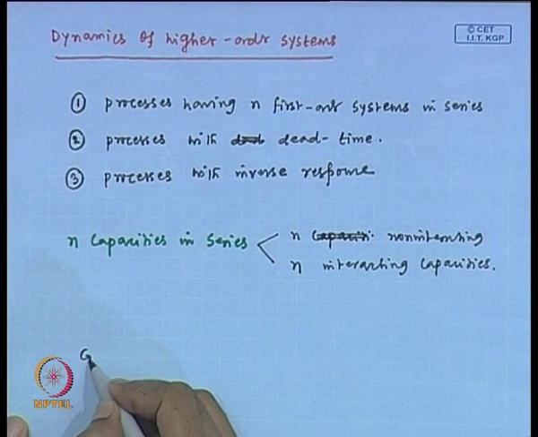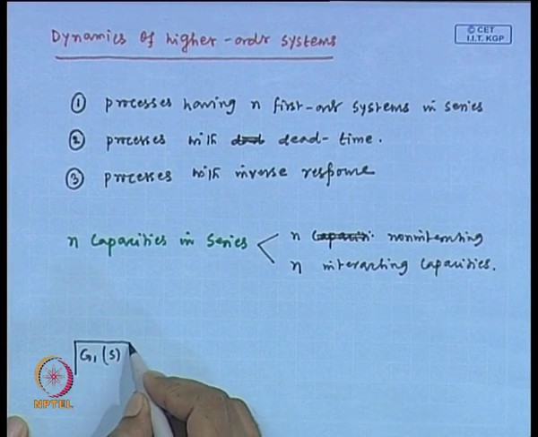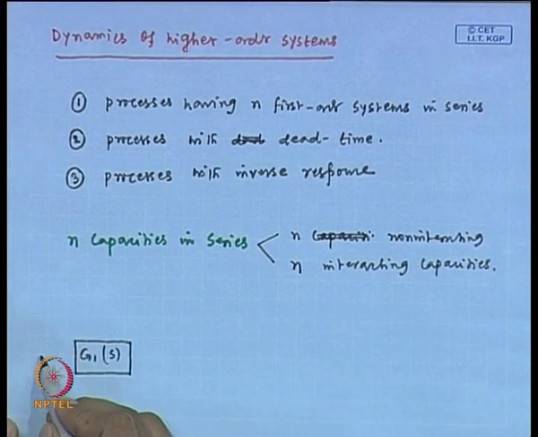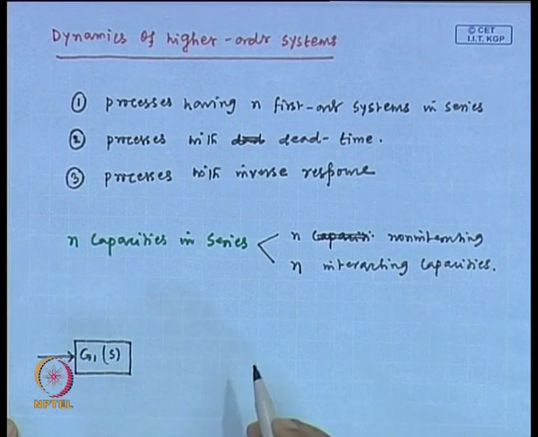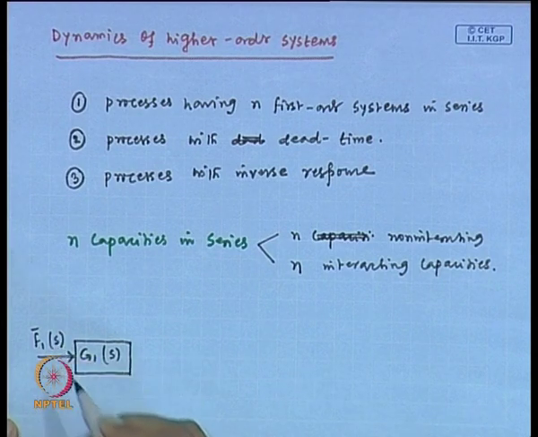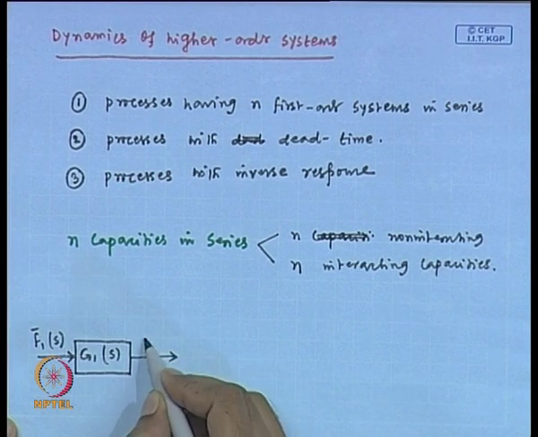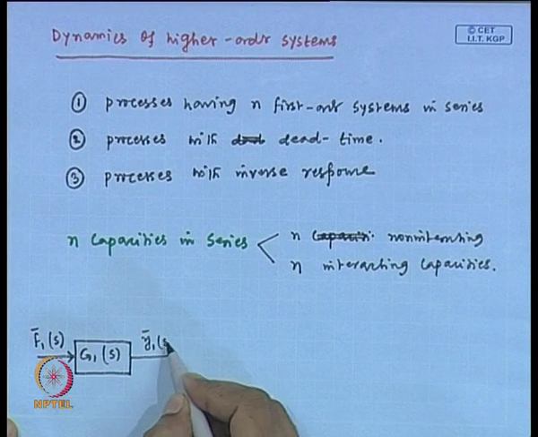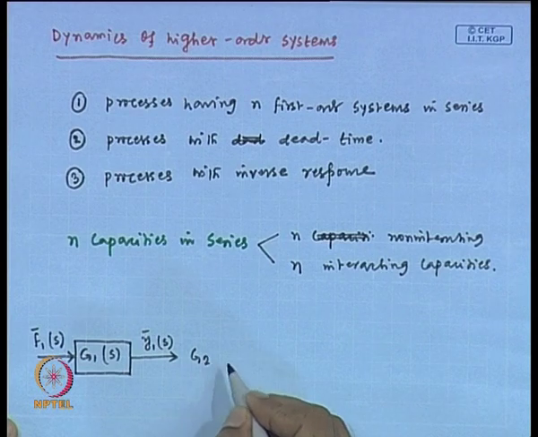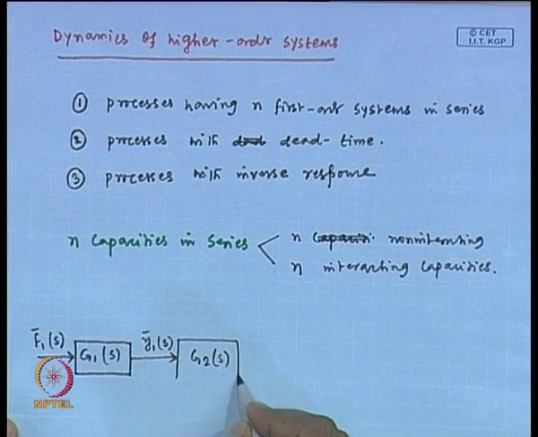So we will connect these n number of first order systems. The transfer function of the first system is G1(s). Input to this transfer function is, say, F1 bar(s). Output of this first system is Y1 bar(s). The second first order system has the transfer function of G2(s).